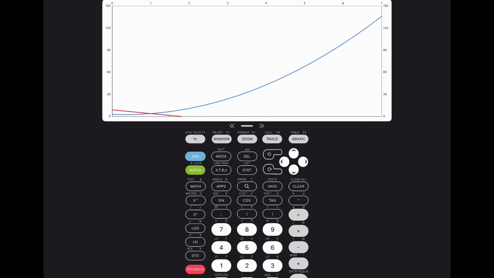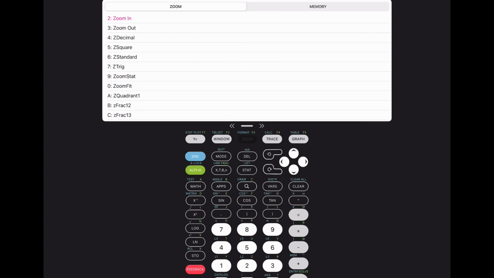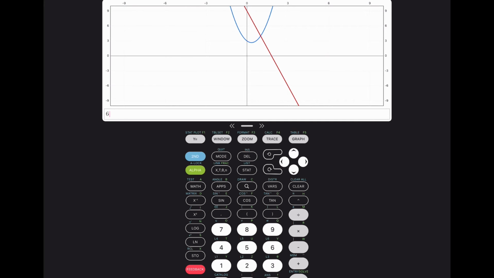We're still in quadrant 1. I really can't see much. So to fix it, this is the simplest way. We're going to hit zoom and then number 6 for Z standard. So that should standardize it. And you notice how it's still not that great. So I'm just going to manipulate my window setting a little bit.